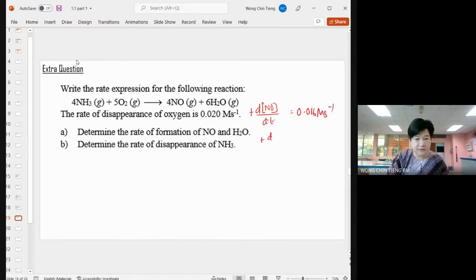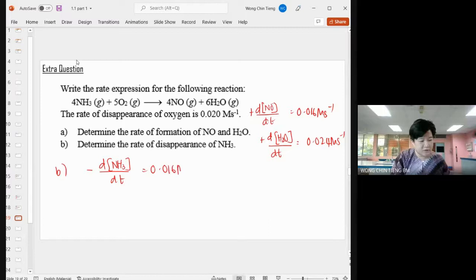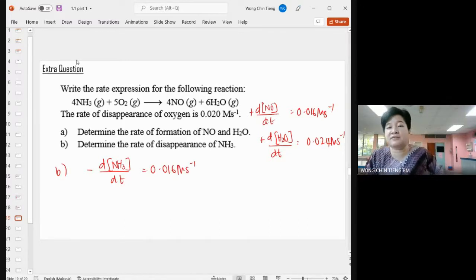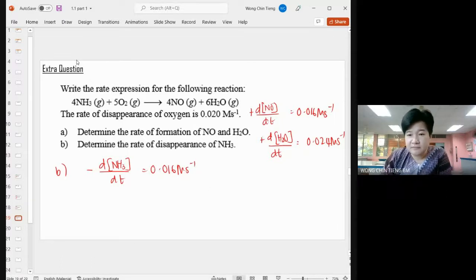For positive d[H2O]/dt, okay, I'll take the attendance in a minute, 24 M s negative 1. Correct me if I'm wrong. Don't get too excited about my answer. I also just pressed the calculator like that. If I am wrong, let me know. Don't worry. Any problem with this one? Easy, right? Alright, something I can guarantee you: the easiest thing this semester. We will continue then.